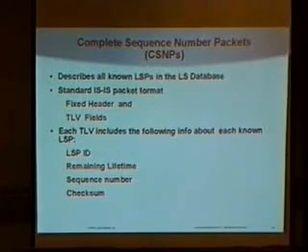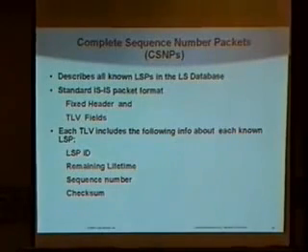And so we have 4 important pieces of information in there: the LSP ID, remaining lifetime, sequence number, and a checksum. This information is enough to describe an LSP completely. So anytime we send out a CSNP, we'll put in this summary of all the LSPs we have in our database.